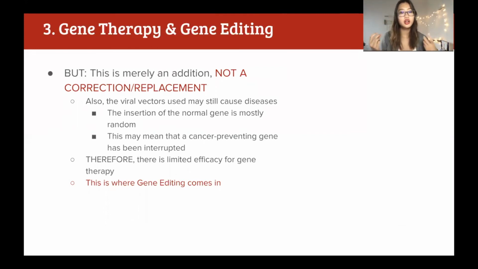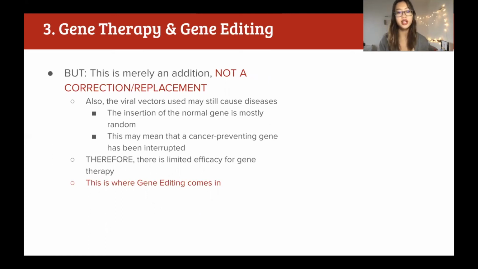And also, viruses don't have a sense that tells them, oh, I'm going to insert this gene in a place that matters, or in a place that is useful. So these viral vectors are just going to stick the genes that they have just anywhere that they want, right? So that means the insertion of this normal gene is random, and it can mean that if you have certain cancer-preventing genes, again, you'll learn about that I think in a few weeks' time.